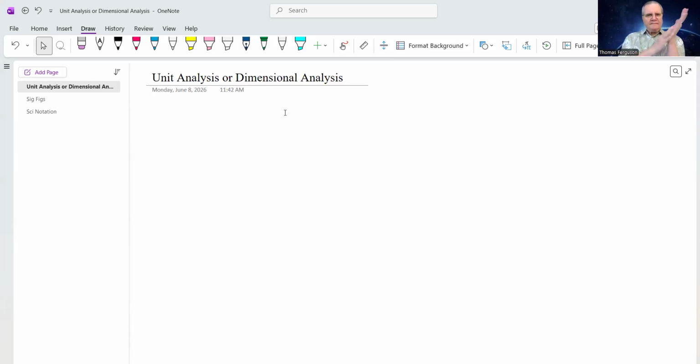Okay, so now we're going to get into problem solving. And the technique that all, without exception, all engineering quantitative science programs use is unit analysis, dimensional analysis.